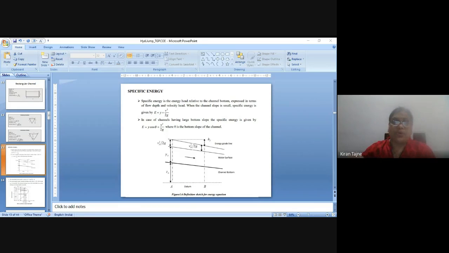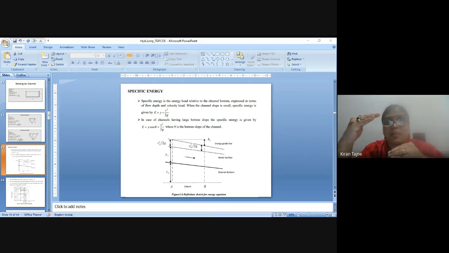Okay. So from datum to channel bottom, the vertical distance is known as datum head. Then from channel bottom to water surface means the depth of flow. It is denoted by Y. It is also known as potential head or potential energy.